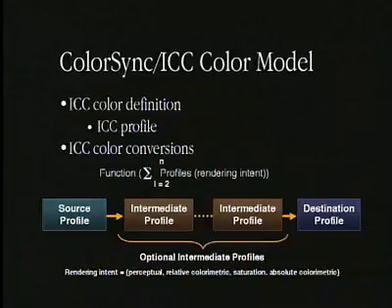Color conversions are also similar to those in PDF, with an option for adding intermediate profiles between the source and destination. These additional profiles can be used for a variety of reasons, such as soft proofing, color device simulation, color correction, gamma compression, special effects, and so forth.